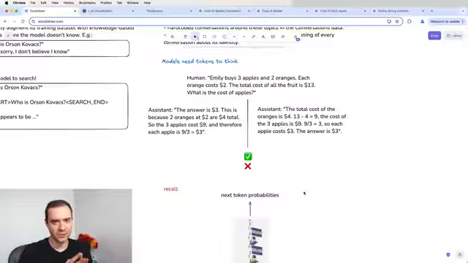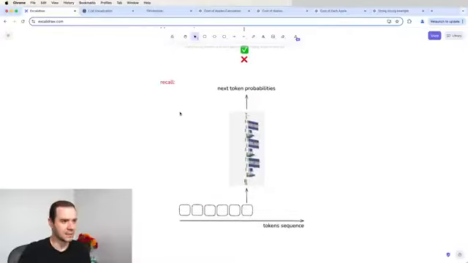Okay, so the key to this question is to realize and remember that when the models are training and also inferencing, they are working in one-dimensional sequence of tokens from left to right. And this is the picture that I often have in my mind. I imagine basically the token sequence evolving from left to right. And to always produce the next token in a sequence, we are feeding all these tokens into the neural network.